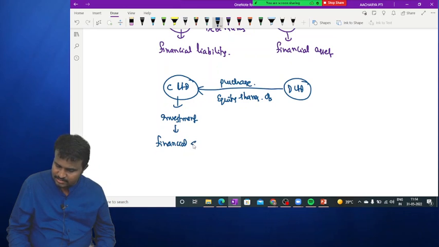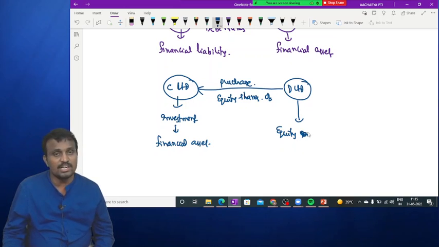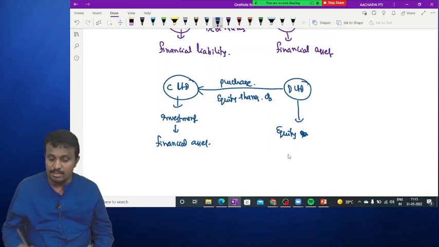An equity instrument, or equity liability, to D Limited.